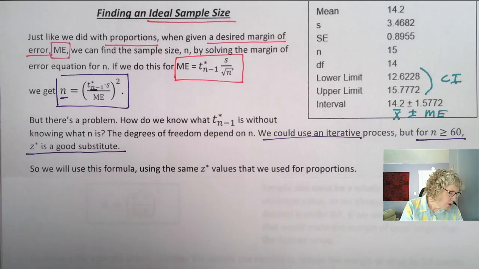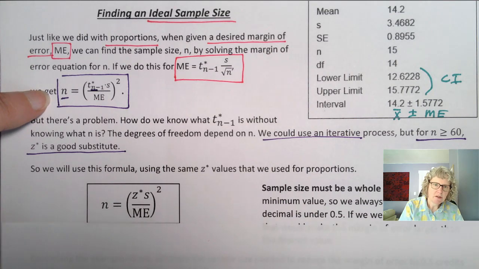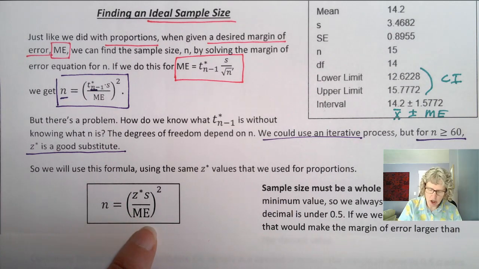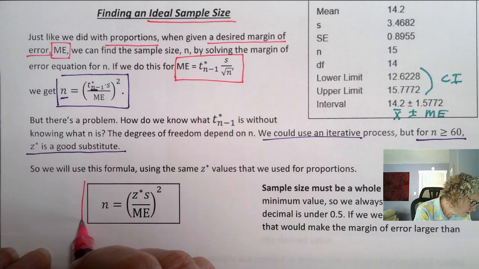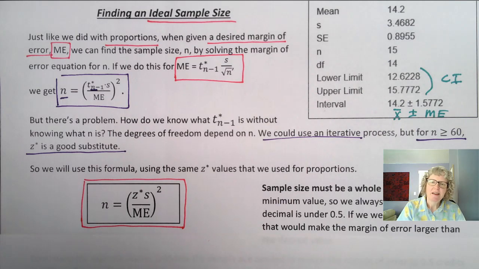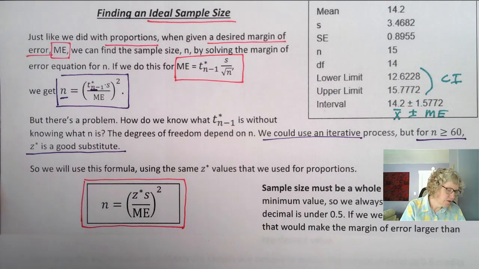So instead of the original formula, we're going to modify it a little bit: n equals z star times s over the margin of error, all squared. It's similar to what you're used to with proportions, but that one would have a p hat and q hat in it. This one has s and the desired margin of error.